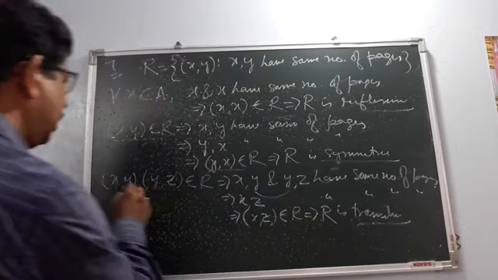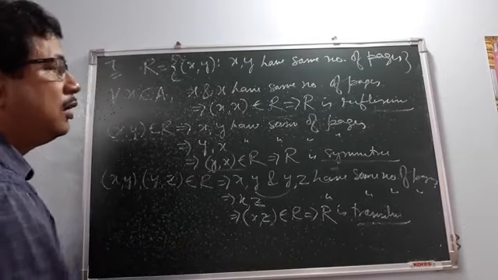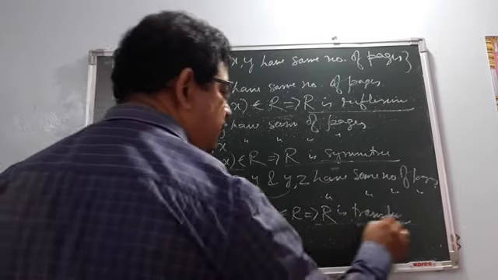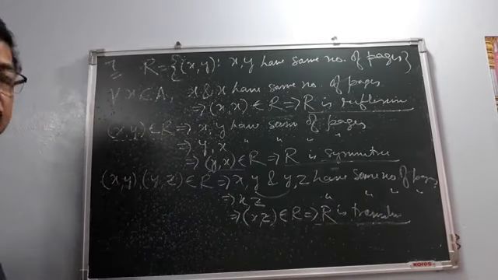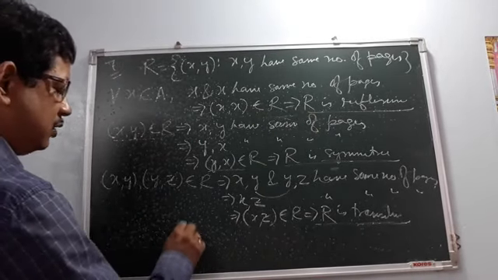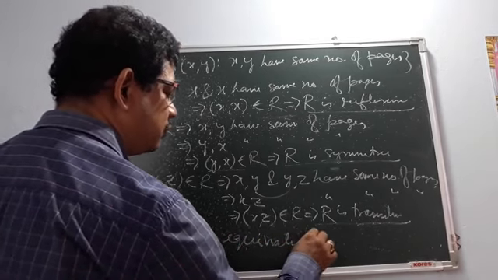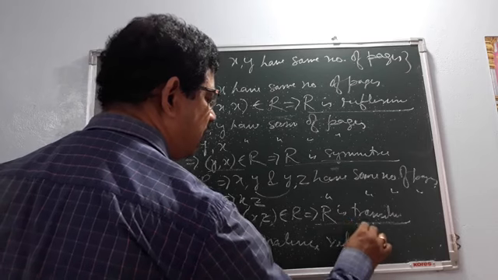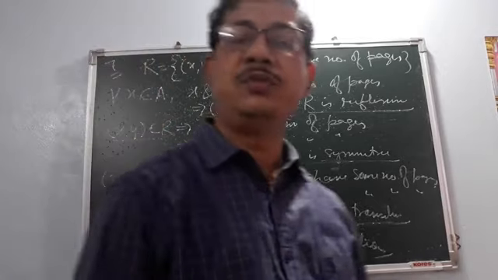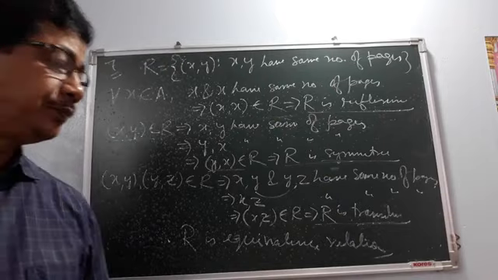Why transitive? (x, y), (y, z) we have taken from R and we found (x, z) within R. Now R is reflexive, symmetric and transitive. If a relation satisfies these three things, then R is an equivalence relation. We have already learned this: an equivalence relation has all three qualities, reflexive, symmetric, transitive.